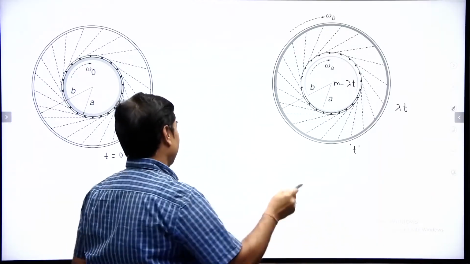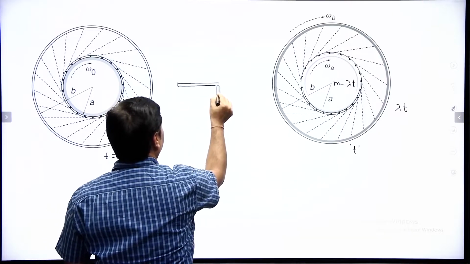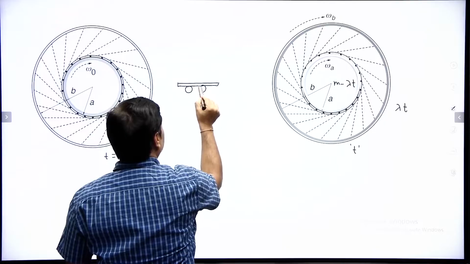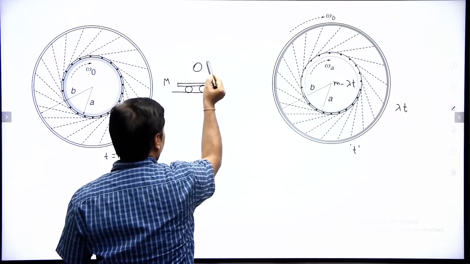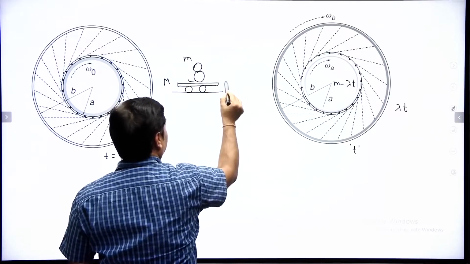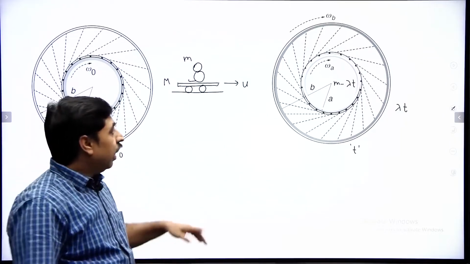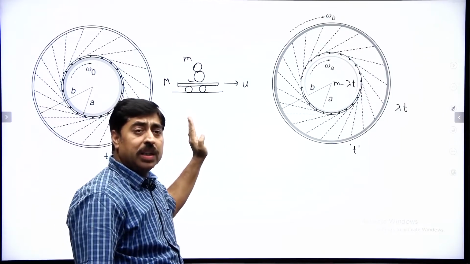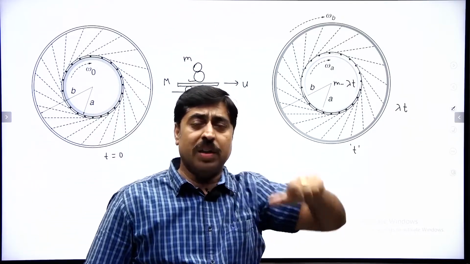If I talk in terms of linear mechanics, suppose there is a cart of mass m and there is a boy or a monkey riding on this cart, and the whole thing is going with velocity u. Now, if suddenly the monkey jumps vertically up relative to the cart, will the velocity of the cart change?